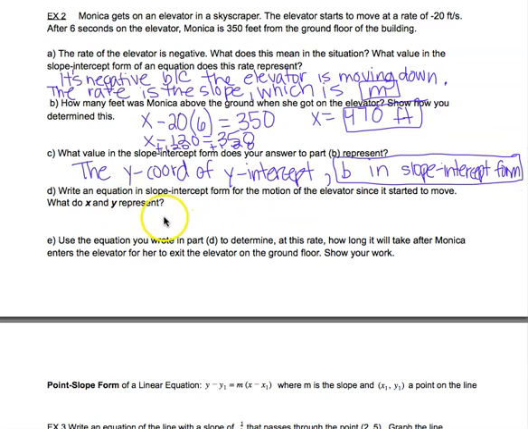All right, write an equation in slope-intercept form for the motion of the elevator since it started to move. So we do y equals mx plus b, which we already said m is the rate of the elevator, so -6, and b we said was 470. So what do x and y represent? y is where we end up.